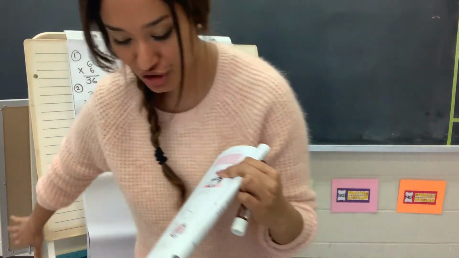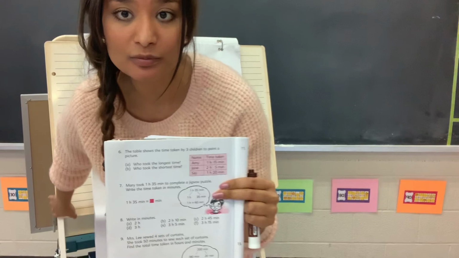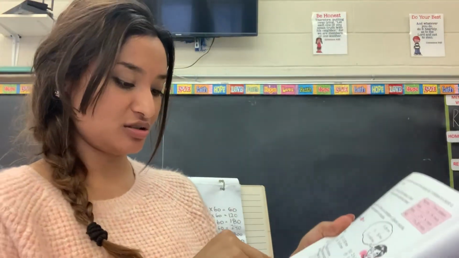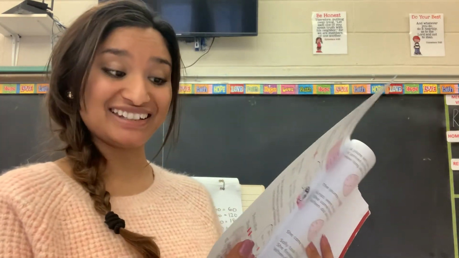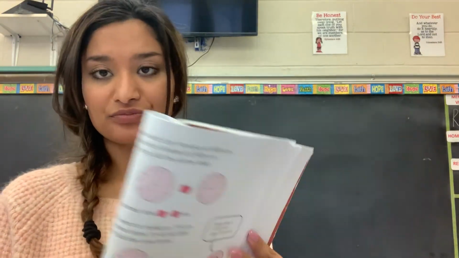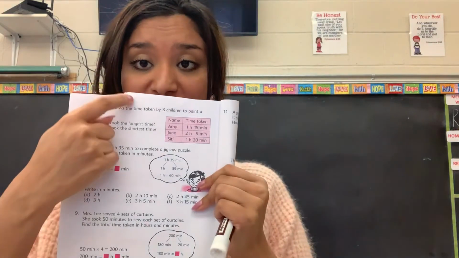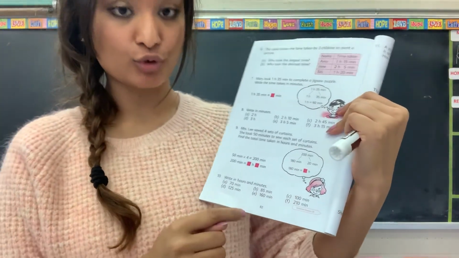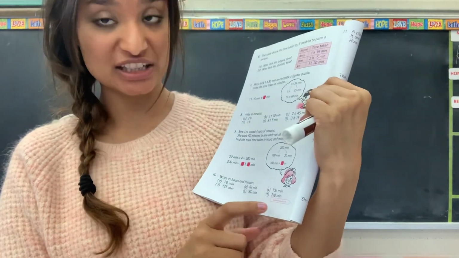I was following page 82 in your textbook. So page 82 in your textbook and pages 81 and 82. But make sure you finish these tasks on page 82 before you move to exercise 38.